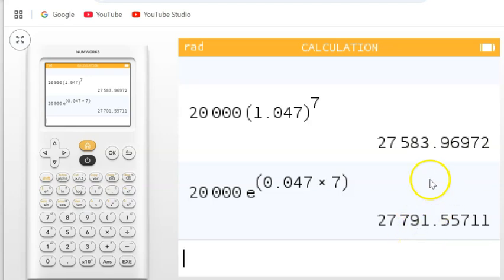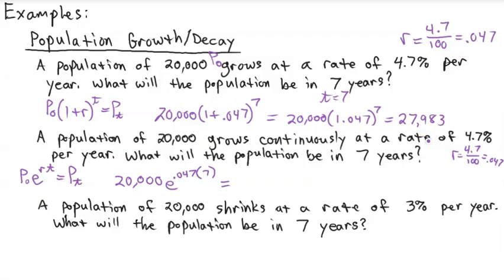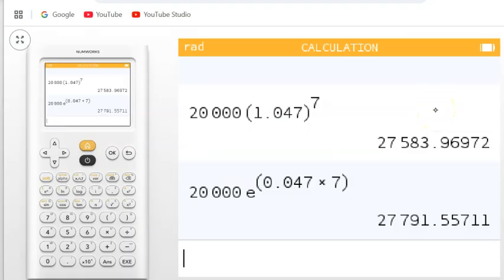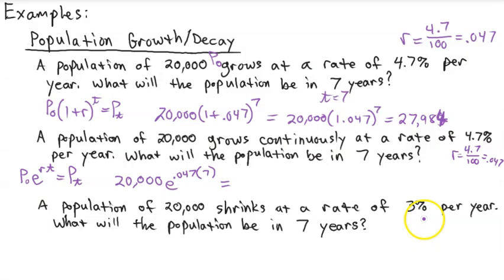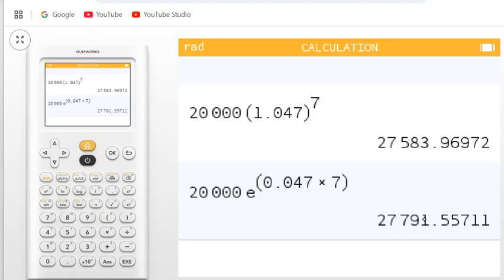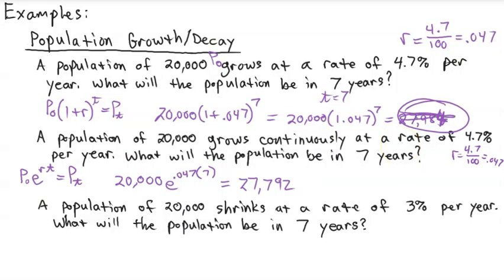Now our answer is 27,791.5, so this will be 27,792. Oh, I just made a mistake earlier. The discrete value, if I rounded 27,583.97, should be 27,584, not 27,583 or 27,983.